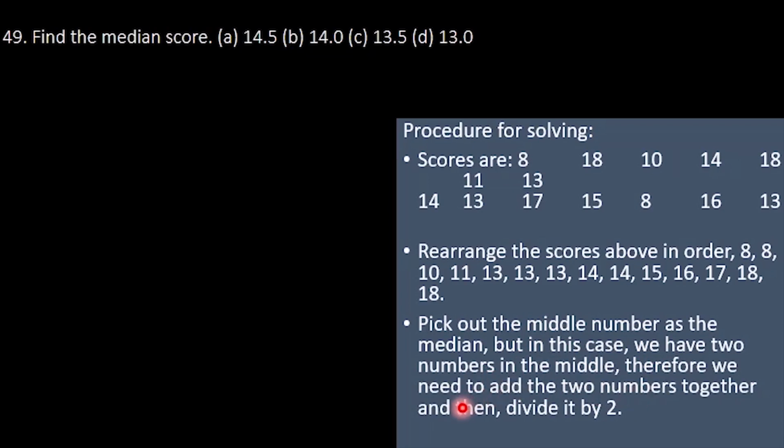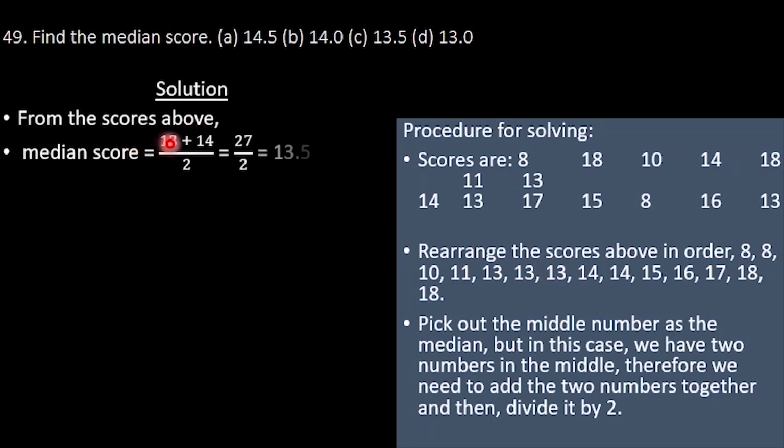Now the 2 numbers we have in the middle are 13 and 14. Now let's check the solution. From the scores above, median score is equal to 13 plus 14 divided by 2 equals 27 divided by 2 equals 13.5.